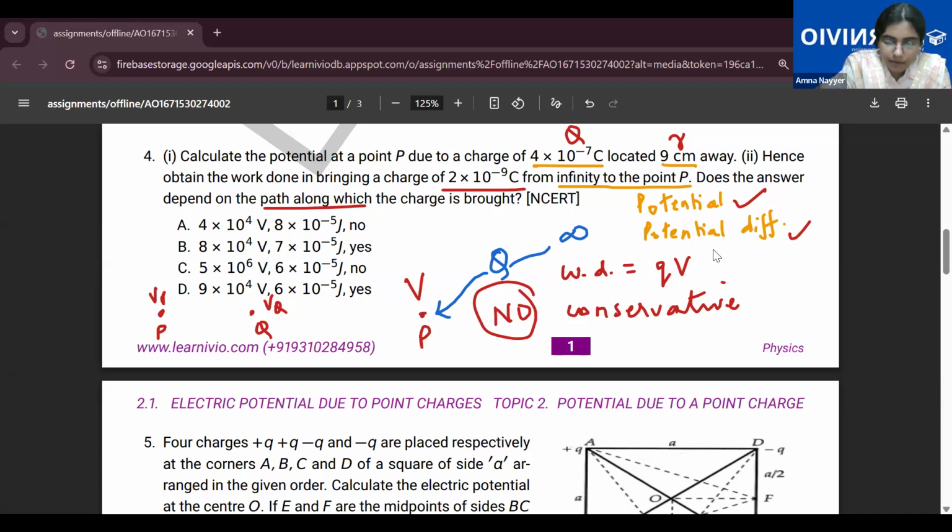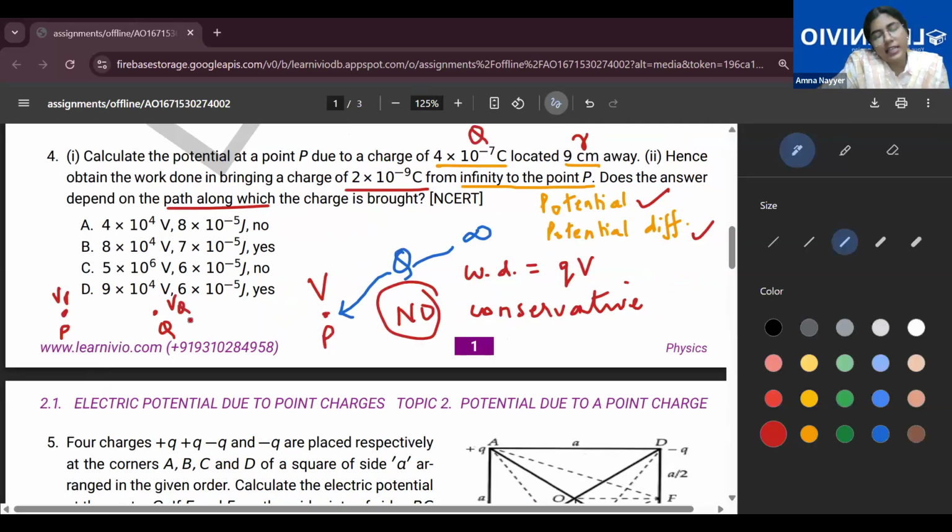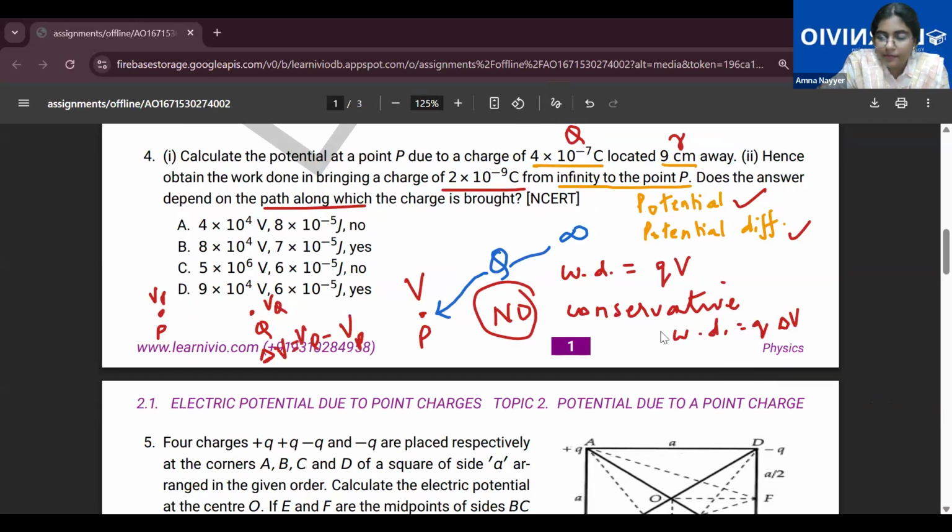So if there was another point given, then we would have to calculate it with the radius given. Then you can calculate VQ minus VP or VP minus VQ, depending upon whichever has the greater magnitude. And then the formula of work done would have been Q into delta V, meaning the change in potential.